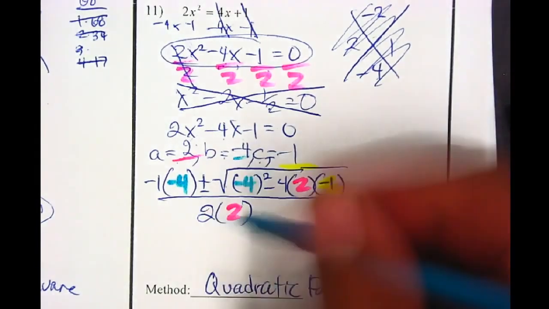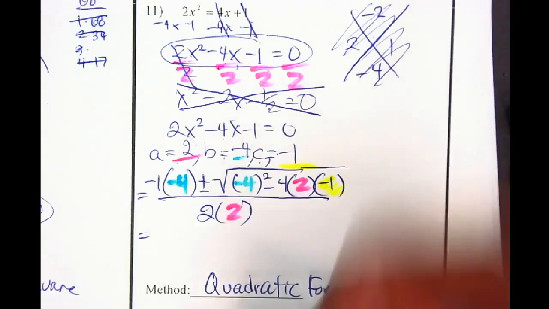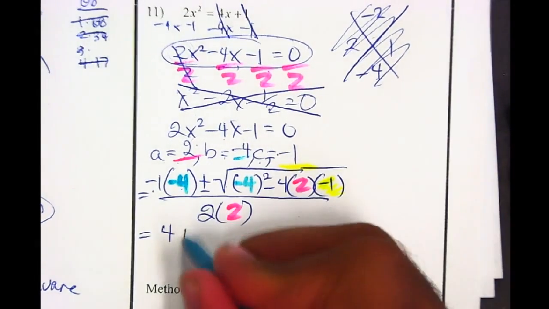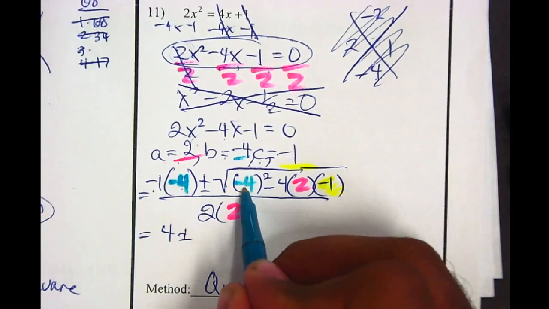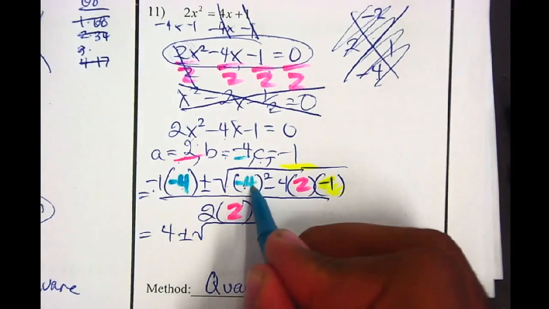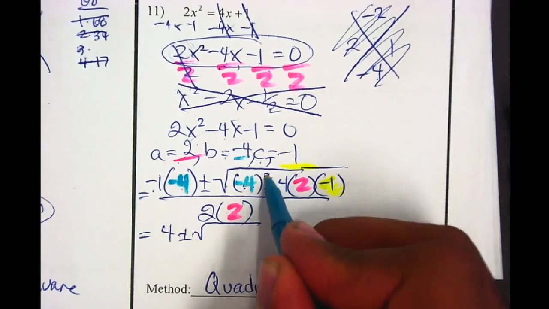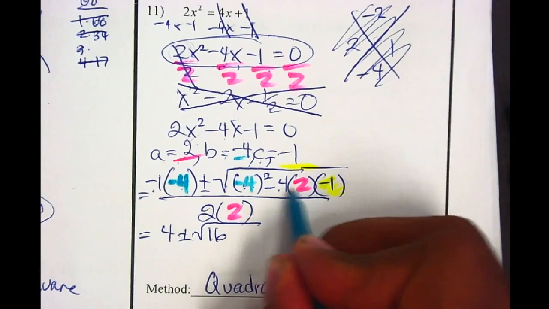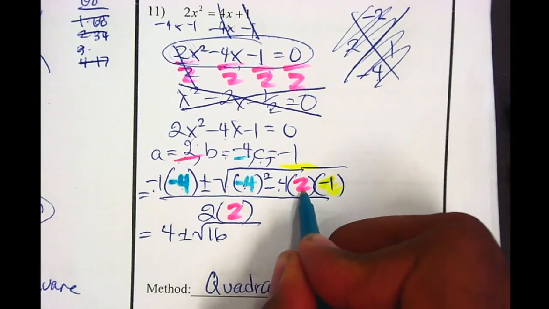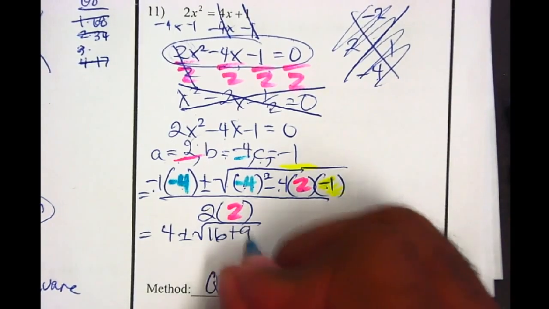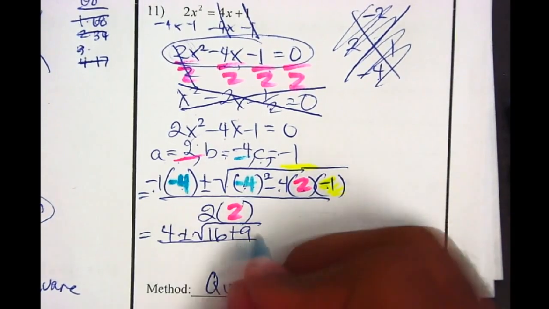Okay? Now we just go through and multiply and add up everything. So -1 times -4 is +4. And then -4 squared, well, -4 times -4 is 16. And then -4 times 2 is -8, and -8 times -1 is +8. So 16 plus 8.